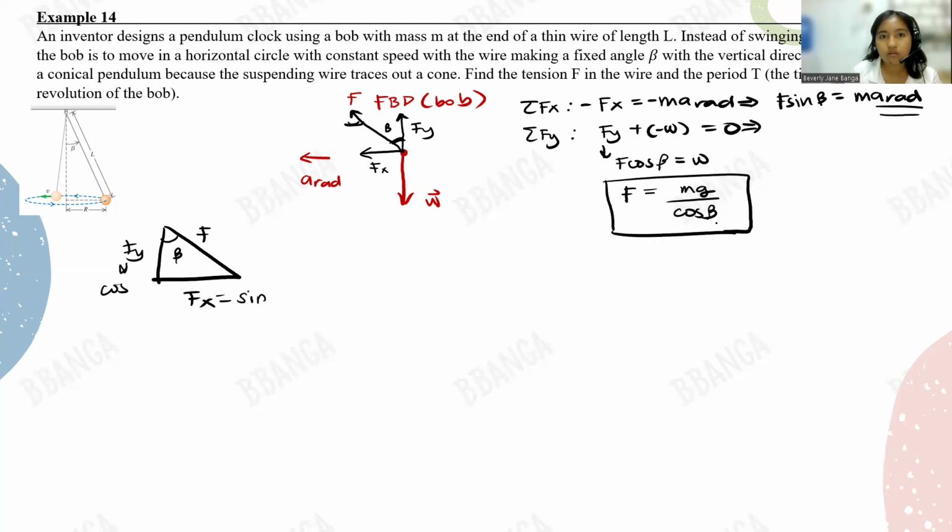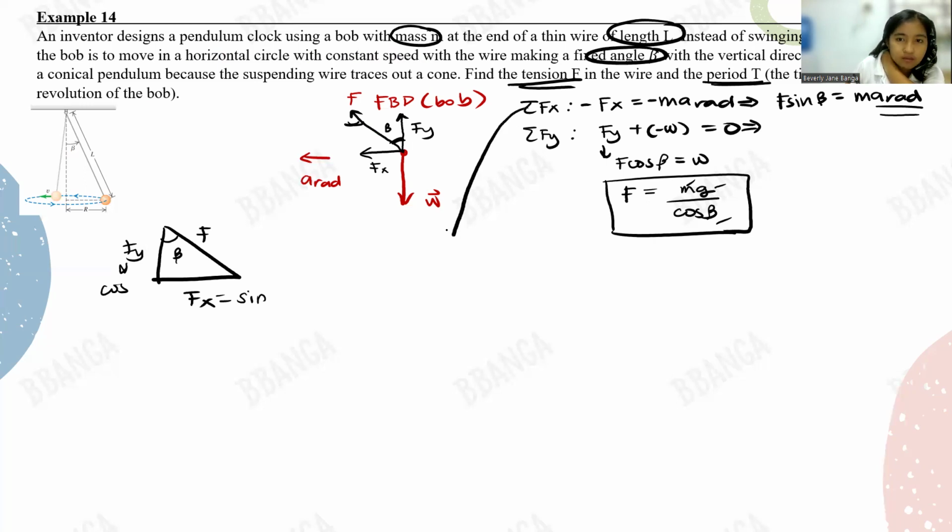Okay? So given yung mass m, with a length L, and with angle beta. Ito lang yung given sa atin, mass, length, and beta. So, kaya natin i-solve kung binigyan tayo ng mass at binigyan tayo ng beta at alam natin yung g. So, ito na yung F natin. Now, yung next is yung period T. Dito pala natin gagamitin si Fx, okay?